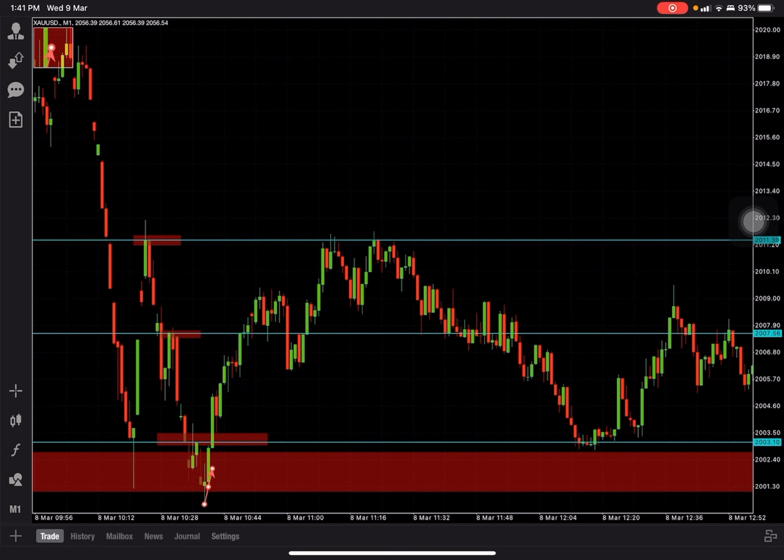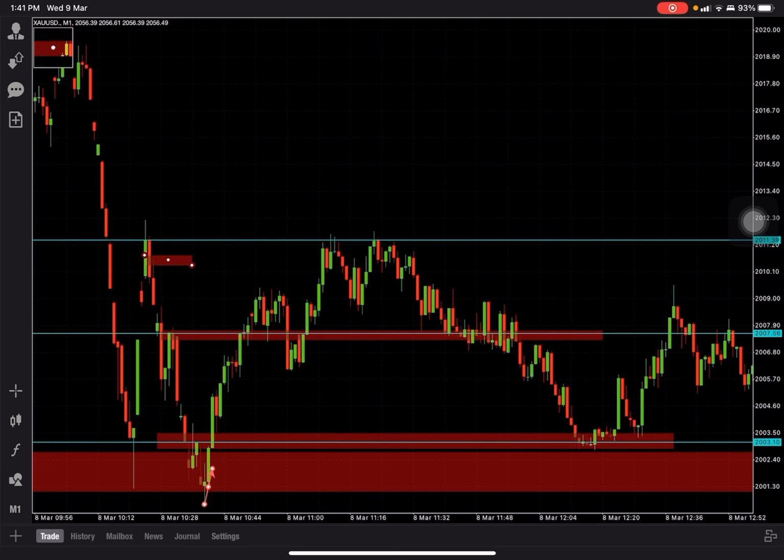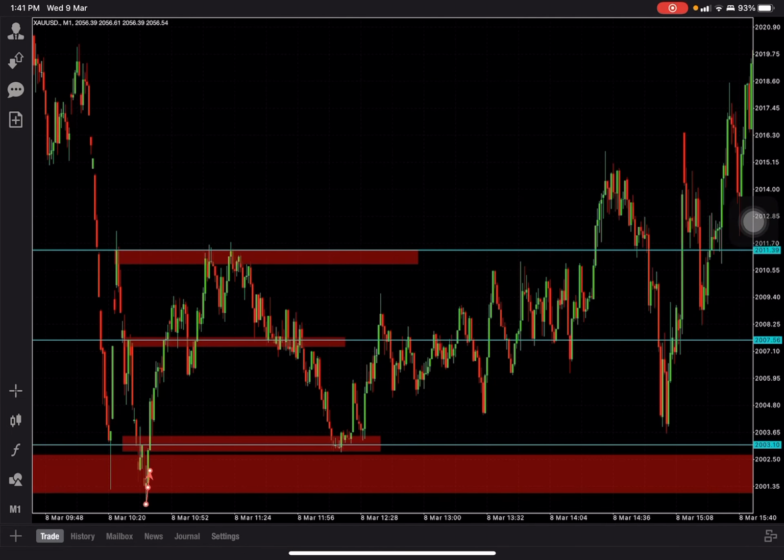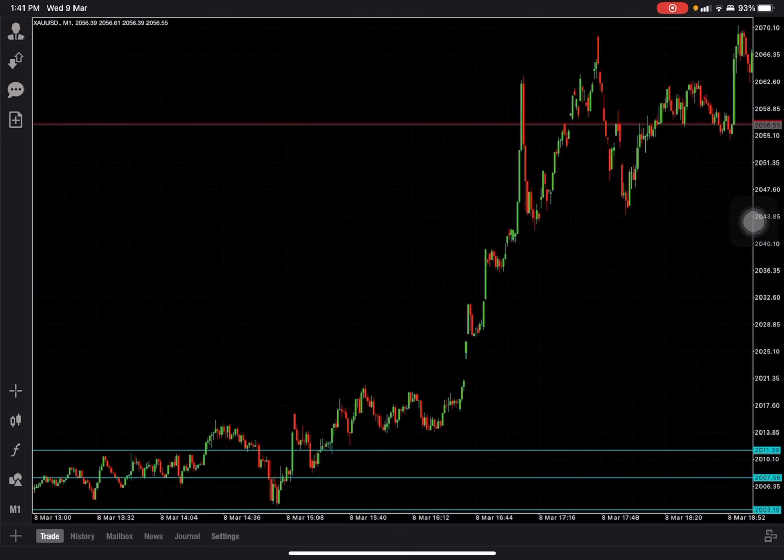All right, this area we already marked this area. You know, this is the resistance that they broke. This is where we can take here another resistance. And you see gold fly very high, 600 pips.